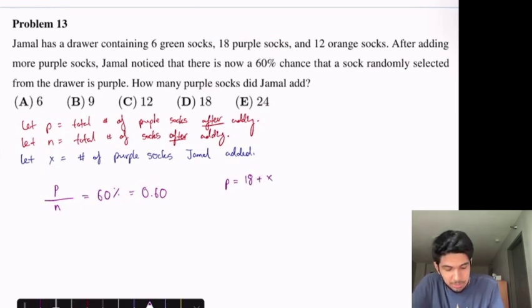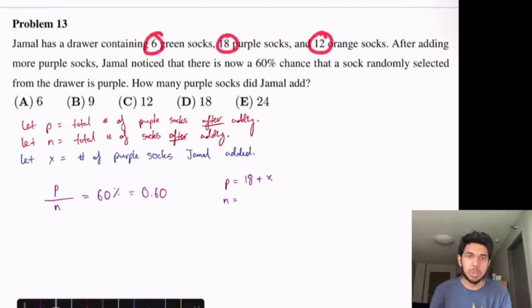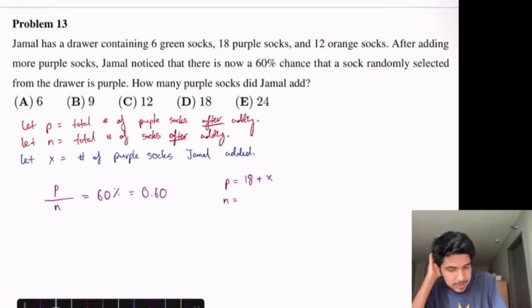Cool, so we can substitute that in. But we can also do something for n. We know how many socks there were originally. We know how many socks he added, being x. He didn't add any other colors, so he only added x more. So the sum of these three values is how much he started with, plus x more will give us n, the total amount of socks after he's done adding socks.